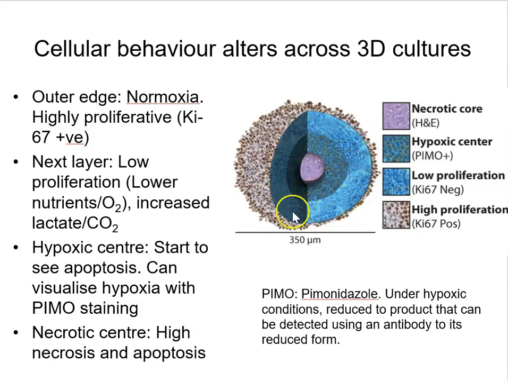We've then got typically a low proliferation, reasonable levels of oxygen ring around that, and then on the very outside edge we tend to have very high levels of proliferation, high levels of oxygen, and these cells are basically growing very, very fast because they have got nothing to limit their growth. So you can set up all of these 4 different levels within a 3D cell culture, and therefore you can study how cells behave at these different levels.